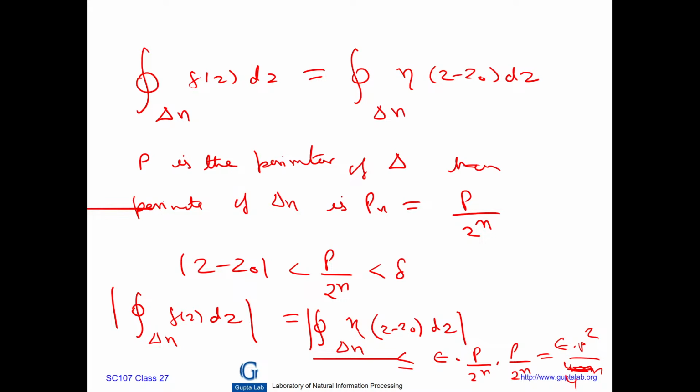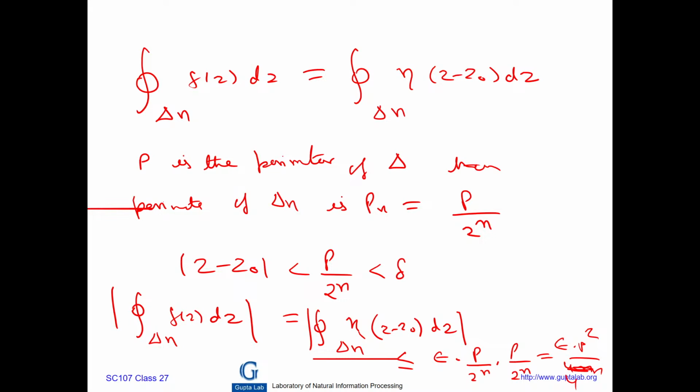So basically the whole thing is less than or equal to mod of eta times the length of delta n, because you remember, the modulus of the integration along c of f(z) dz is less than or equal to capital M into capital L. Capital M is the upper bound and L is the length, or here it is the perimeter actually, so that turns out to be p.